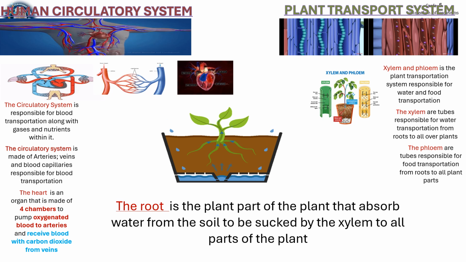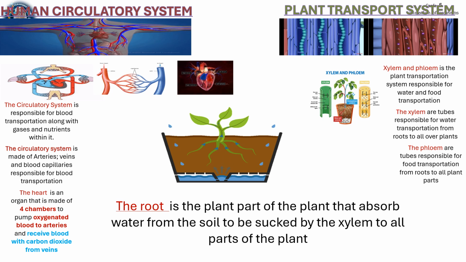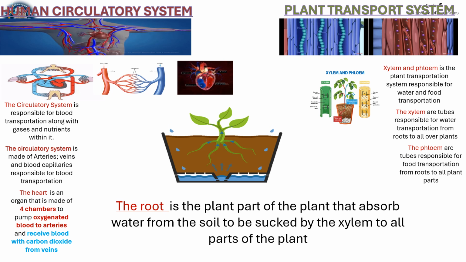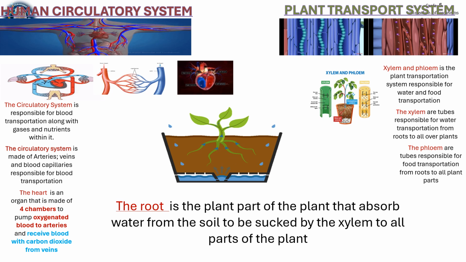Arteries carry blood with oxygen, veins carry blood with carbon dioxide. The heart pumps oxygenated blood to the arteries, to all parts of the body, and receives carbon dioxide blood from the veins and gives it back to the lung.